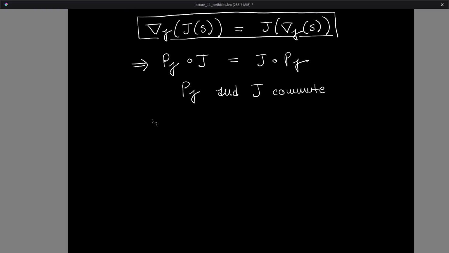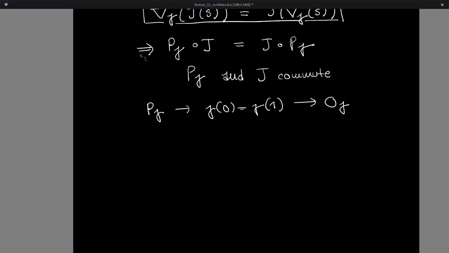So if we take P_gamma to have gamma(0) equals gamma(1), as we said before, then we get a member of the holonomy group, O_gamma, and then we get the holonomy around p. So from here we get O_gamma after J is equal to J after O_gamma.